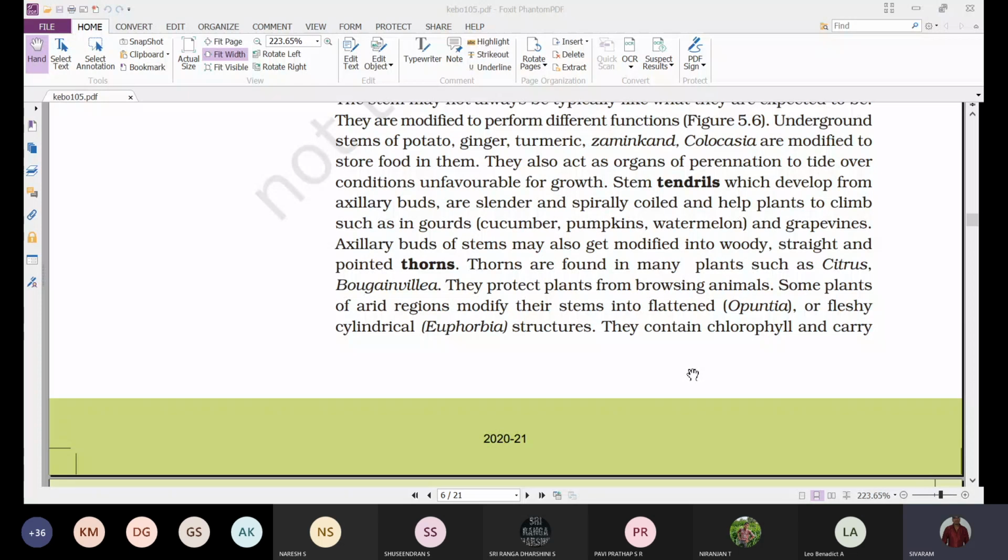And in grapevines, in the case of grapes, in all of these, we can observe that the axillary bud or terminal bud is modified into a tendril.